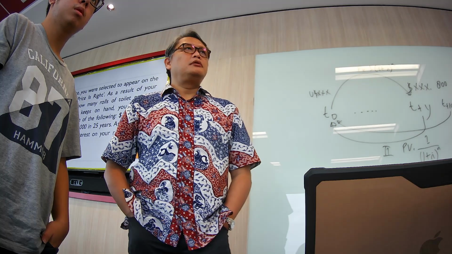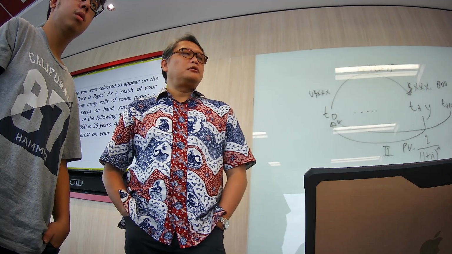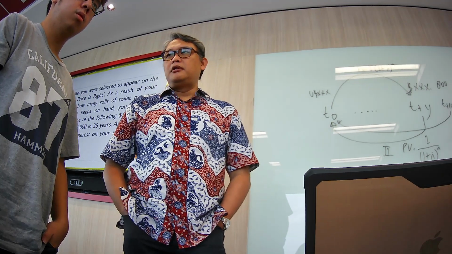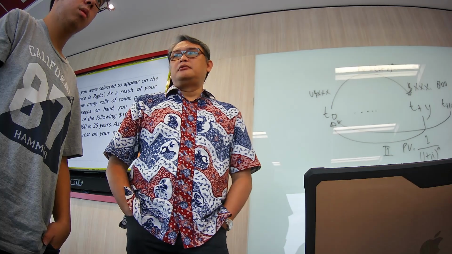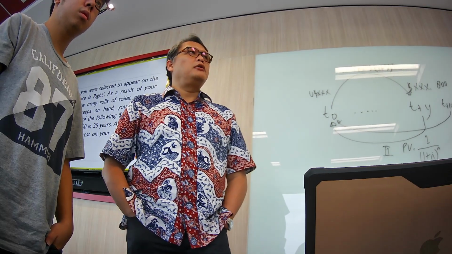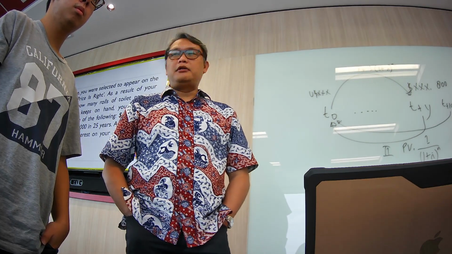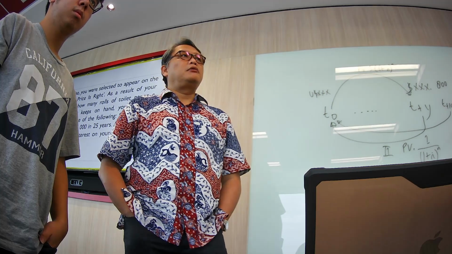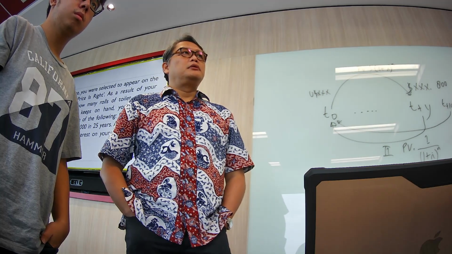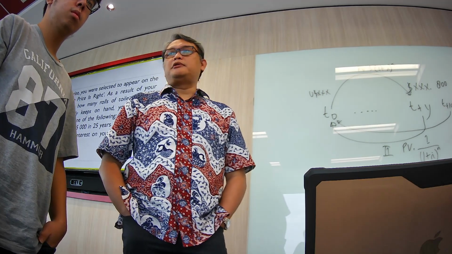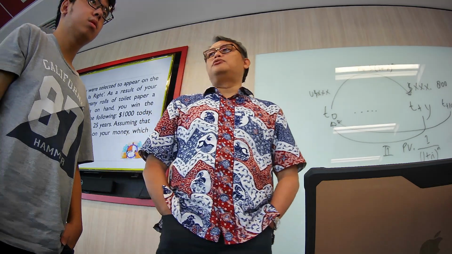Saying $1,000 today, you get 10,000 in 12 years with an interest rate of 11%. So you need to discount all those values in 12 years with 11% annual interest rate, or you can discount the 25,000 in 25 years with 11%. So you need to do the present value.